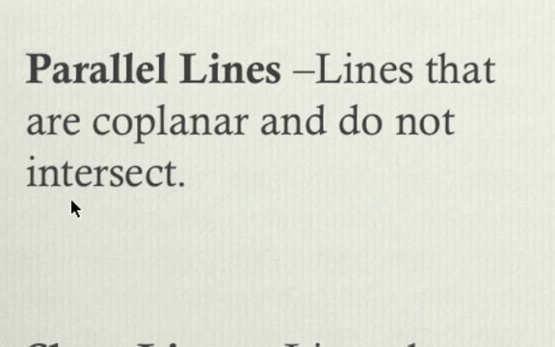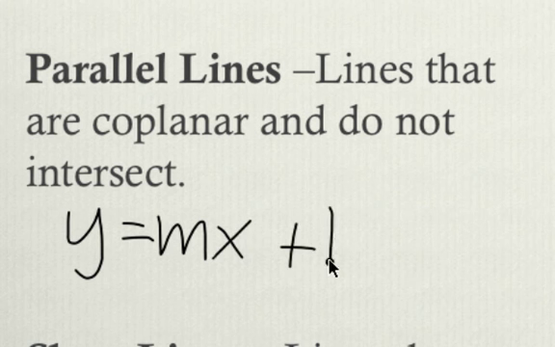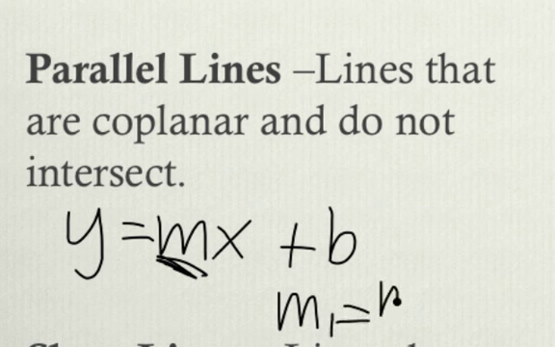And if you remember back in your algebra days when you were coming up with an equation of a line, the equation of a line is y = mx + b, where m is your slope. So for parallel lines, your slopes will be equal. That means that the slope of one line is going to equal the slope of a second line.